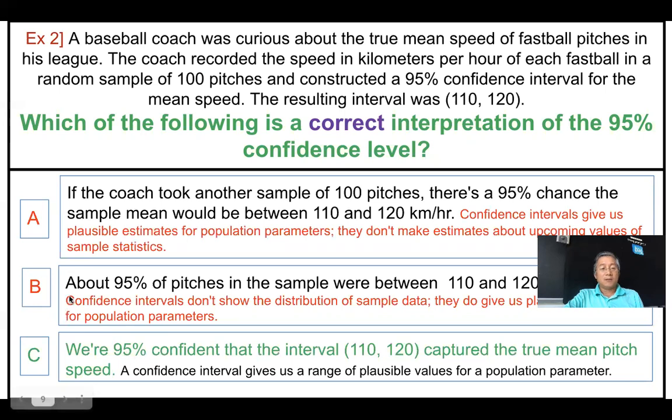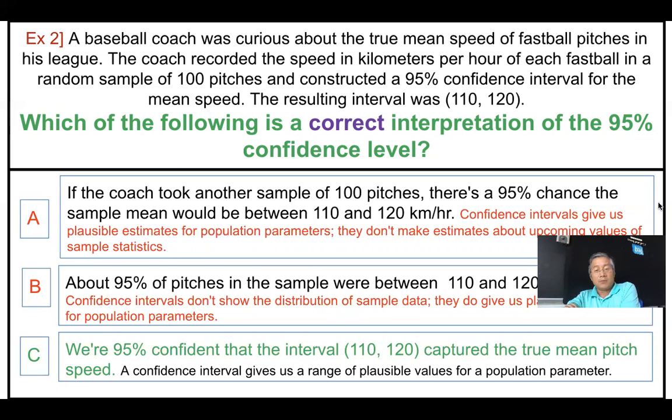C, right? So A is wrong: confidence intervals give us plausible estimates for population parameters. They don't make estimates about upcoming values of sample statistics. B is wrong: confidence intervals don't show the distribution of sample data.